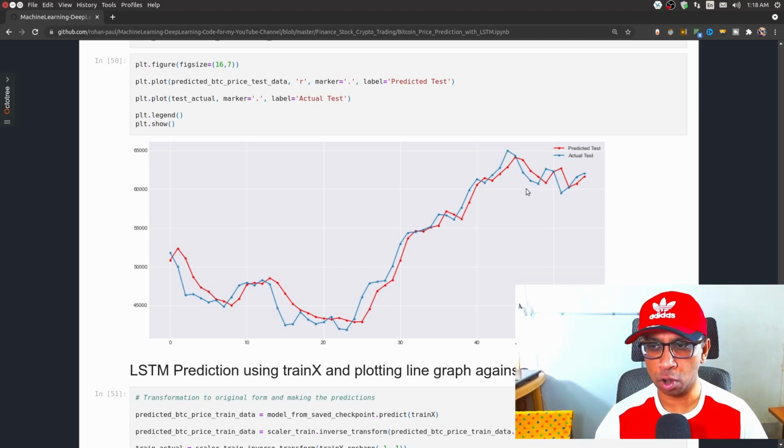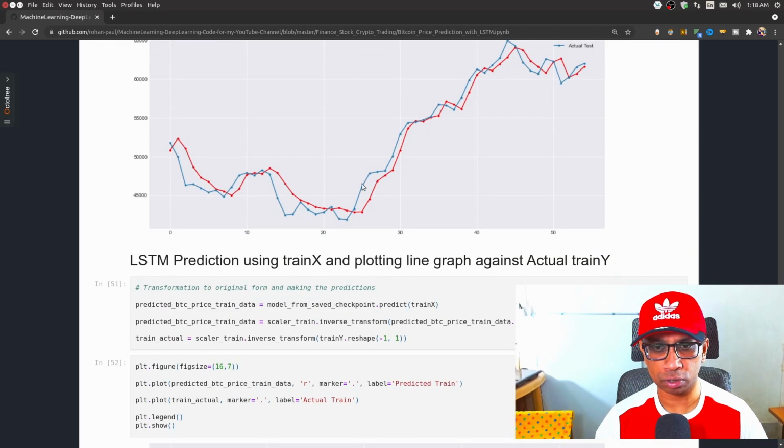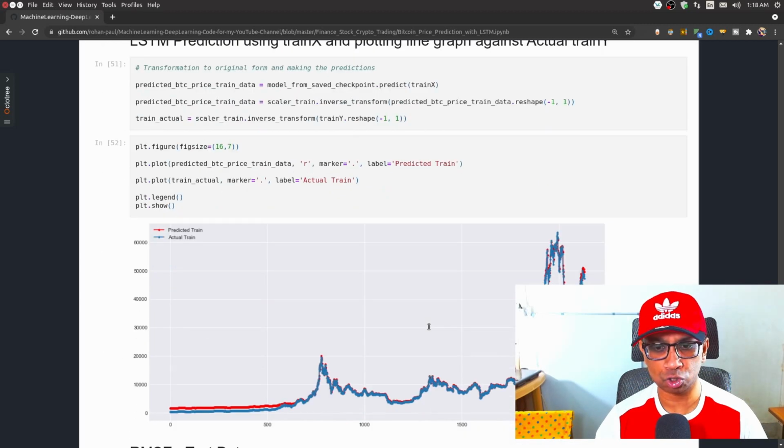So this was a plot for my test data, and also I plotted the same graph for my training data. So here in this plot, the red line is the predicted price of Bitcoin, and the blue line is the actual ground truth price of Bitcoin.